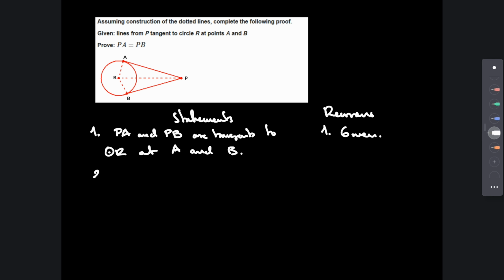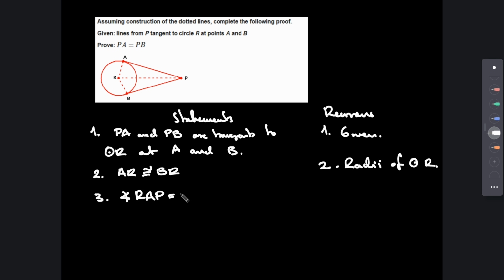So, all right, number 2, AR is congruent to BR because they are the radii of circle R, right? We know that angle RAP is equal to 90 degrees, and it's equal to angle RBP.